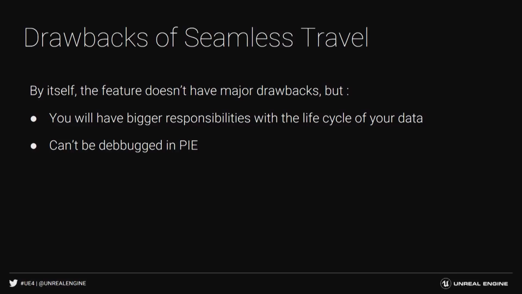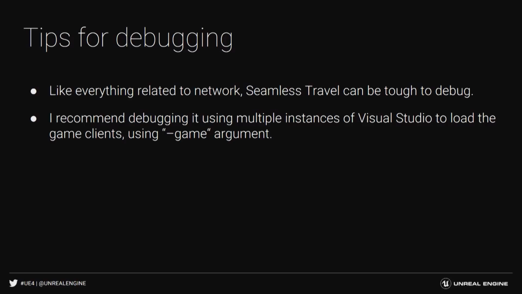It can't be debugged inside of a PIE. So it's kind of a mess, but it's how it is. So personally, when I was working on multiplayer games, what I would do is, on my PC, I would have 3 or 4 instances of Visual Studio running. I would have pre-cooked all the assets of the game, and I would actually run the game in debug, or whatever, using the game arguments on the same machine.